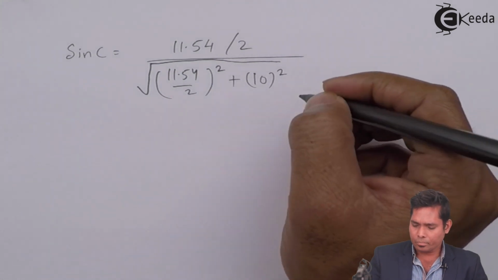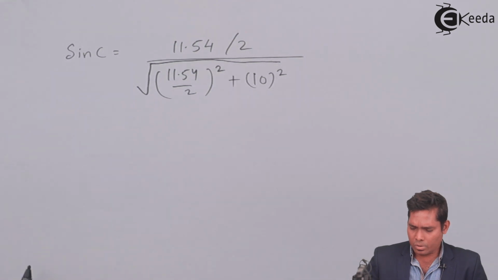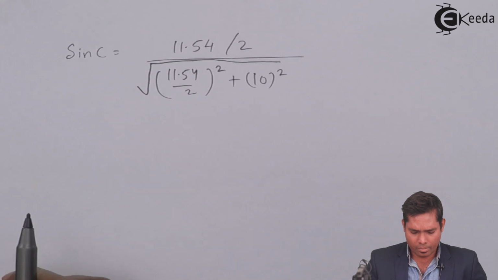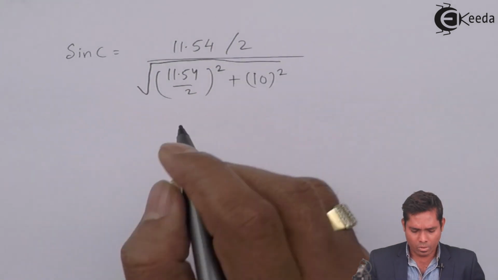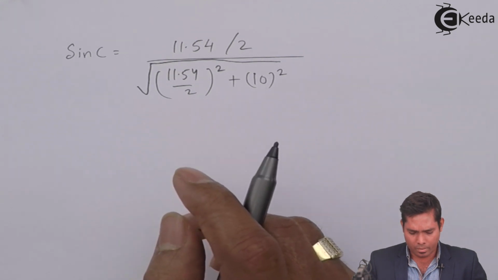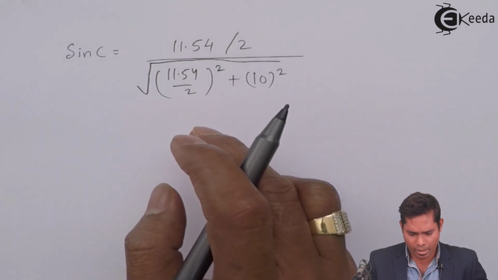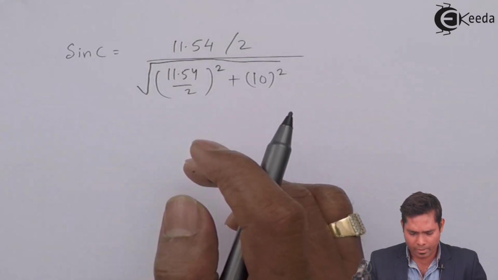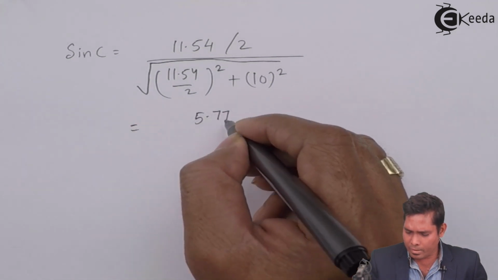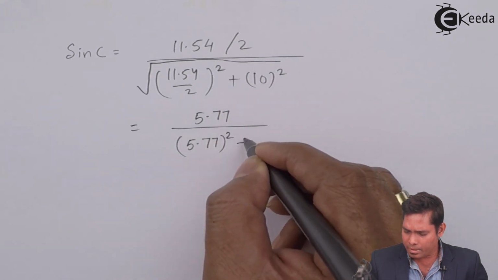If I have to find this value, I have to calculate this. So I'll use a calculator for that, because this is a calculation you have to do. That comes out to be 11.54 divided by 2, and I'm getting 5.77. So this is 5.77 divided by under root of 5.77 the whole square plus 100.